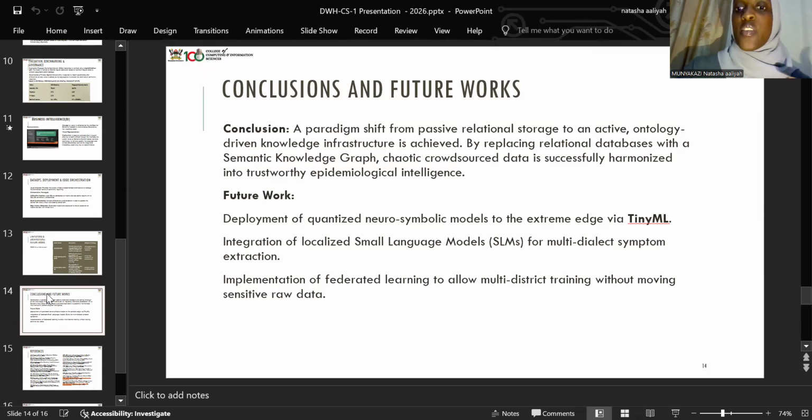Future work will focus on tiny ML deployment, localized language models for processing, and federated learning for privacy preserving multi-district training. Then these are some of the references.